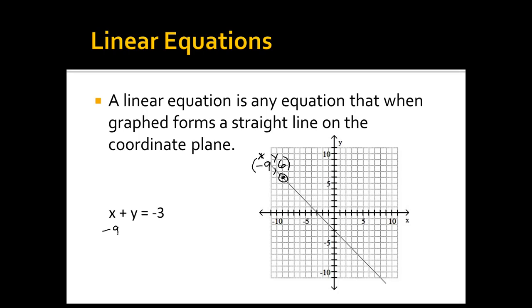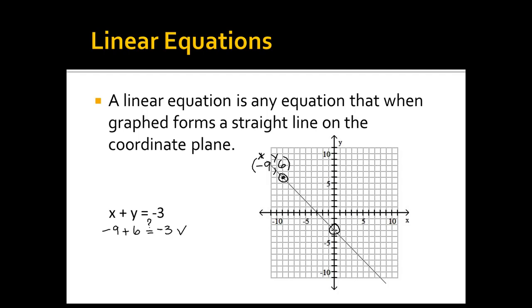-9 goes in for x in the equation, plus +6 for y, and I'm asking, is that really a solution? Is that equal to -3? And the answer is yes. And in reality, I already know that because this line is graphed, and any point on this line is a solution to this equation. So if I pick another one, let's pick a point on the y-axis.